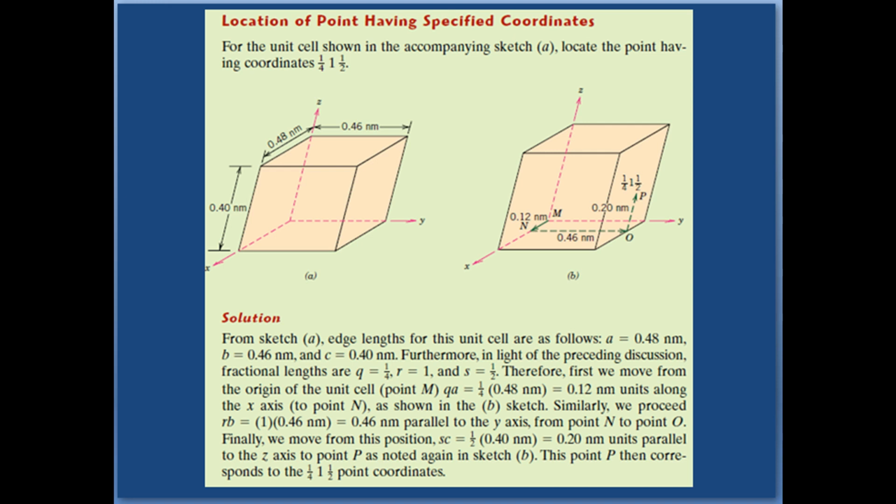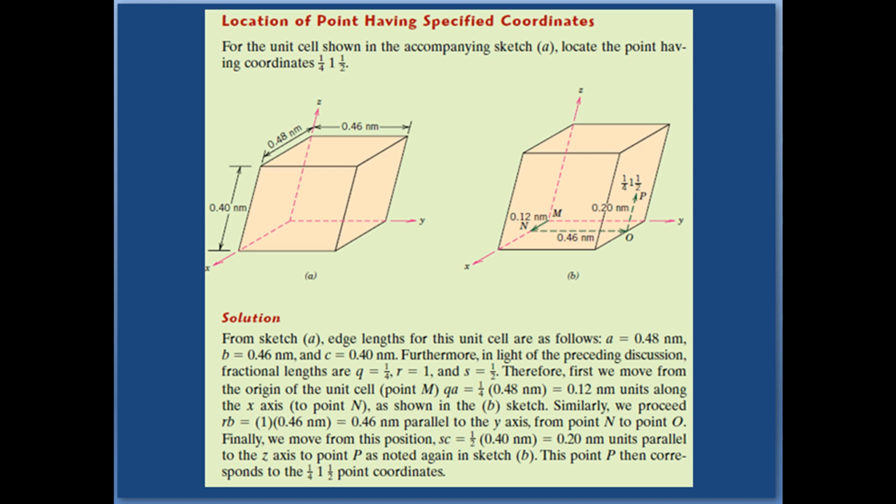Also, we are going to repeat this process once again. Figure A shows the unit cell having edge lengths a equal to 0.48 nm, b equal to 0.46 nm and c equal to 0.40 nm.